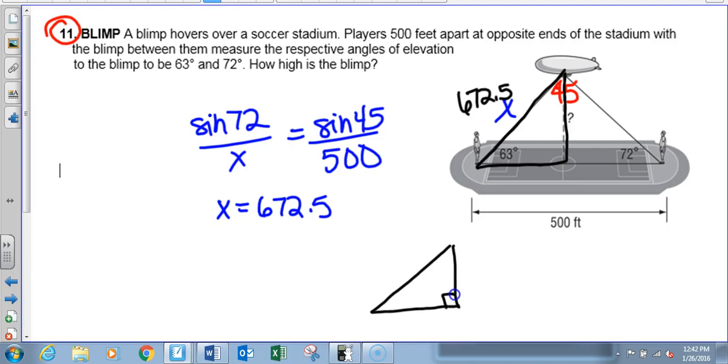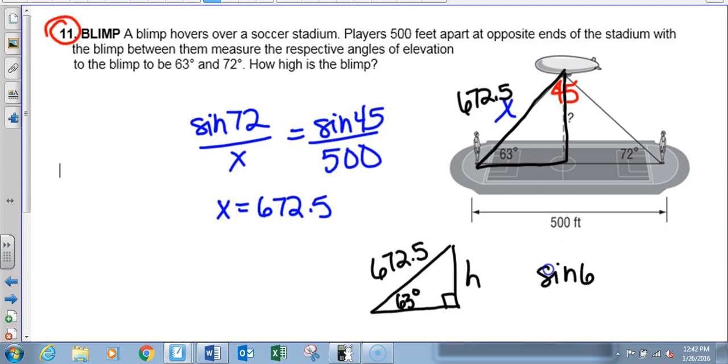If it's a height, I know it has a 90, it has a 63, and it now has a side of 672.5. I'm going to use right triangle trig, but it would be okay to use law of sines. You could say sine of 90 is across from this in the same way sine of 63 is across from h. I'm going to use SOHCAHTOA.